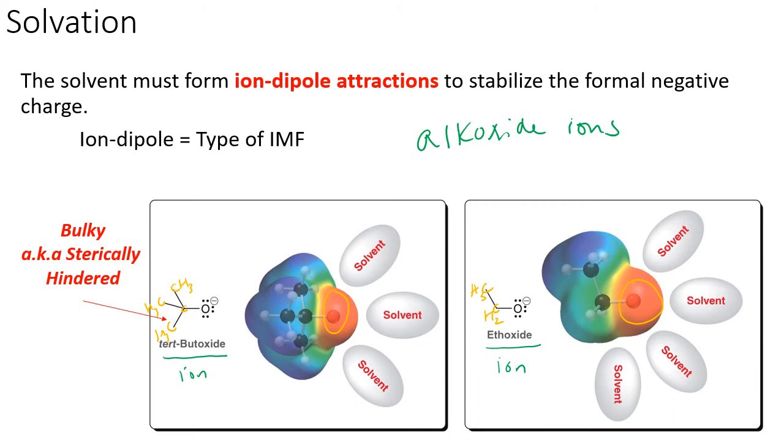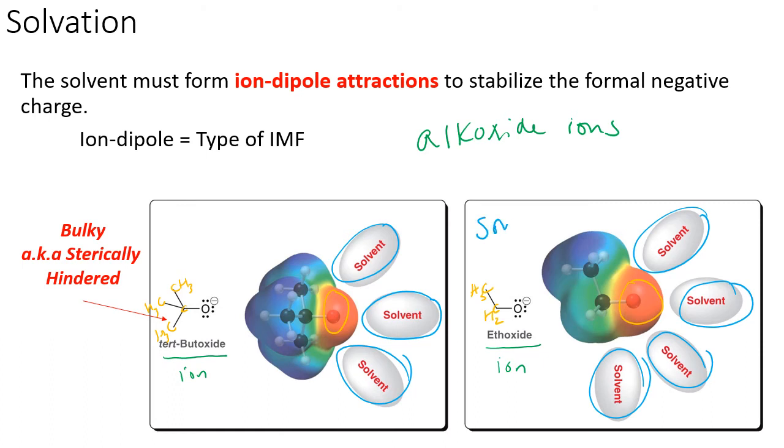So in this picture, what it's trying to show you is that this one might only accept 3 solvent molecules around it, whereas our ethoxide ion could accept more solvent molecules around it because it's a smaller, less sterically hindered ion. And so because the solvents can solvate ethoxide better than they can tert-butoxide, that leads to ethanol being our stronger acid, as we saw with the pKa values.